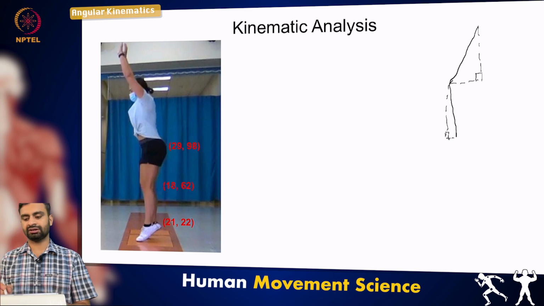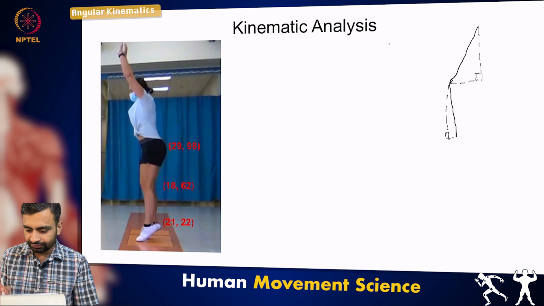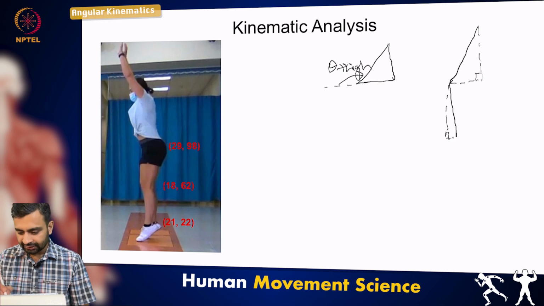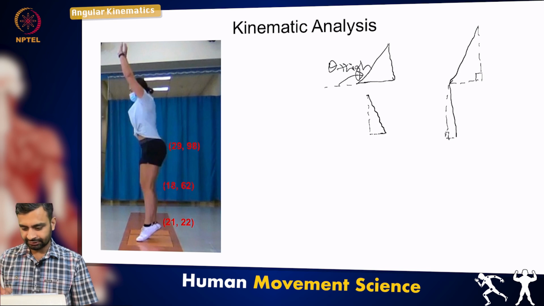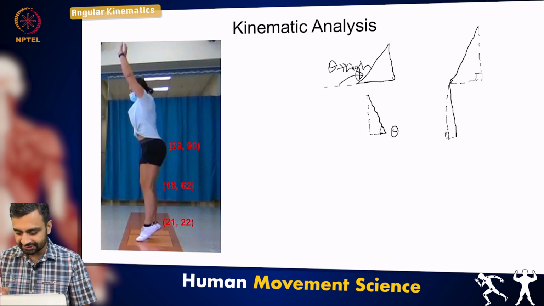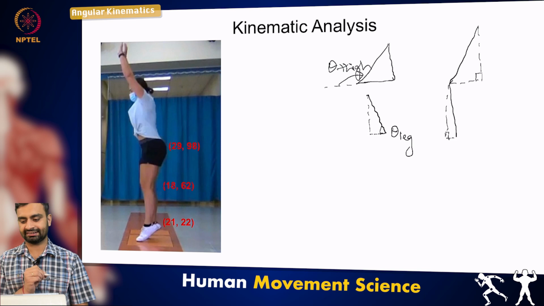Let me separate it for better clarity. Then when we extend, we are interested in theta thigh, and similarly for your leg segment, sorry for the not very straight line, that will give us theta leg.